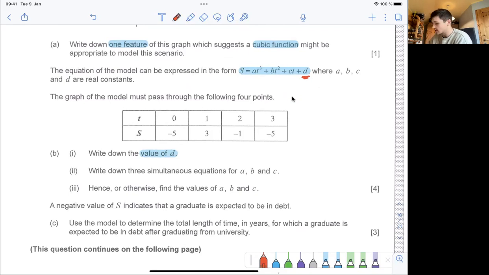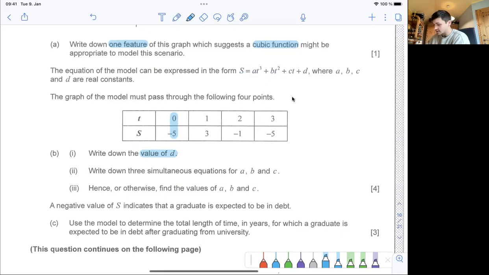Because if t is equal to 0, the AT cubed bit is going to be equal to 0, the BT squared bit is going to be equal to 0, and CT is also going to be equal to 0. So we'd just be left with D. So when t is equal to 0, S is going to be equal to D. And we get that from the first line here.